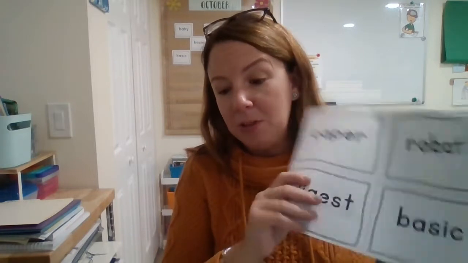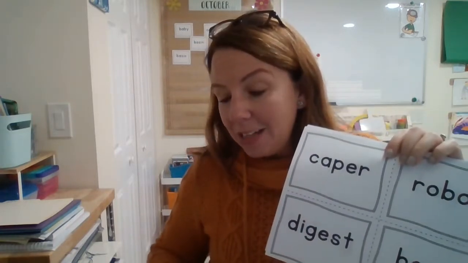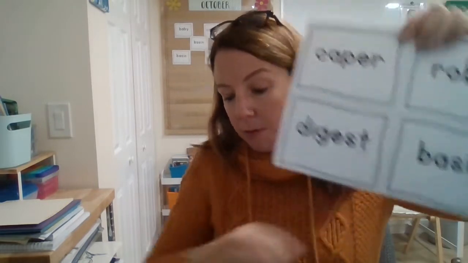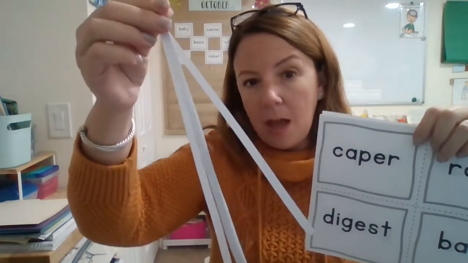So I'm going to show you how I cut out my word cards from Word List Builder. And what I did do is trim a little off the bottom, only about that much. And then I'll cut them apart.